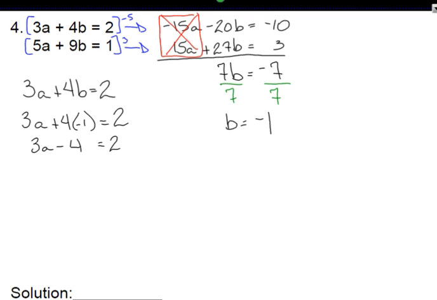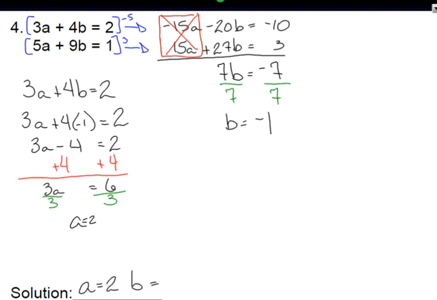I'm going to add 4 to both sides. I have 3a is equal to 6. I now divide both sides by 3. And I find that a equals 2. So a equals 2, b is equal to -1.